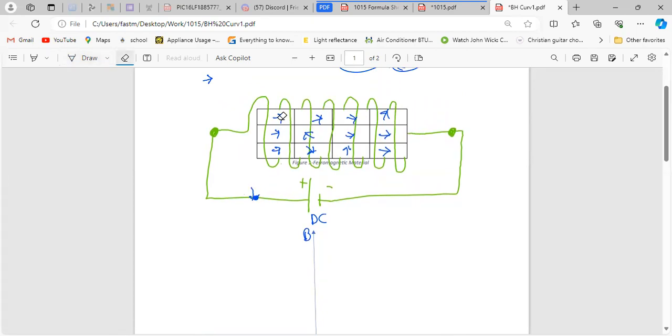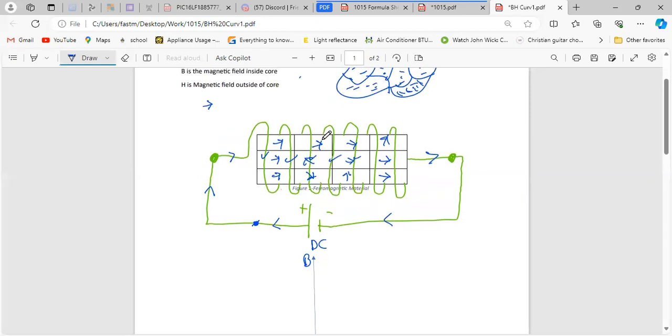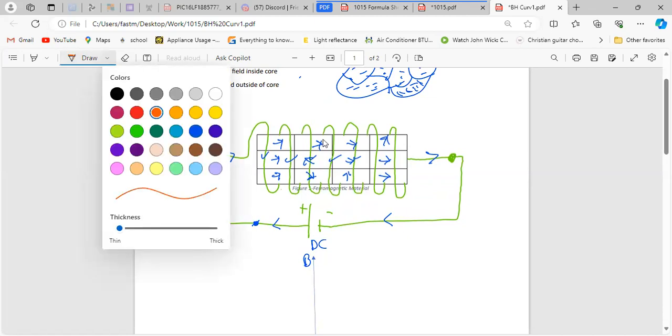So now the circuit is on, and current will flow in this direction, go down, and come back around. Due to the current flowing in the coil, a magnetic field is produced.